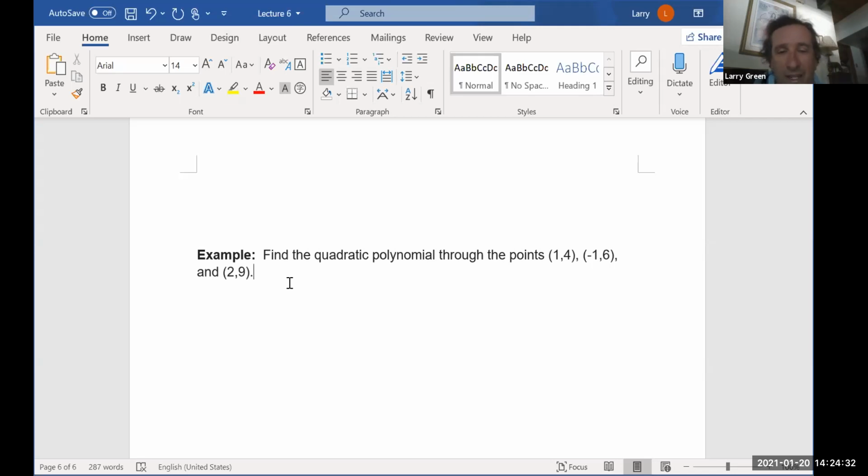So now the question is, how do you find that particular parabola? Any questions on that idea? What do you think we have to do? Put these points into a matrix of some sort.